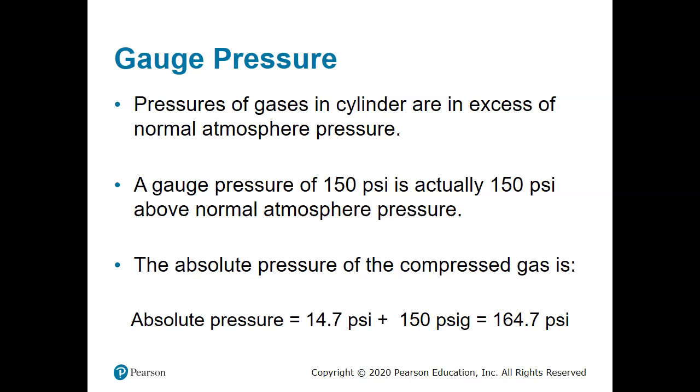So when we have a gauge pressure of 150 psi, that is saying the pressure inside of that cylinder is 150 psi above atmospheric pressure. So if I want to know the true pressure of the compressed gas, I need to take that gauge pressure, 150, and add to it 14.7 psi, which means the total pressure inside of that container would be 164.7 psi.